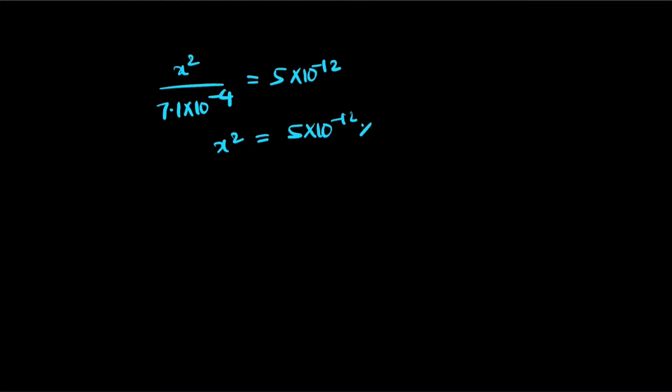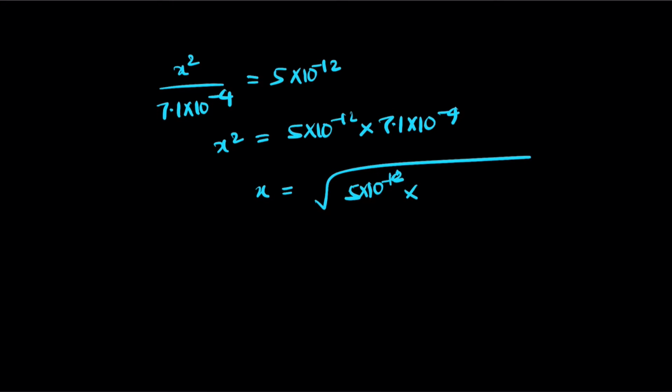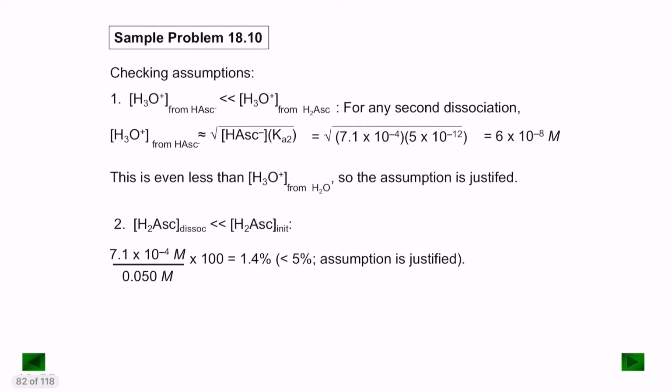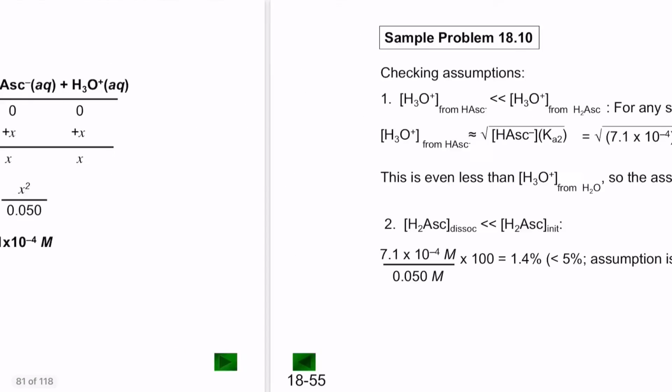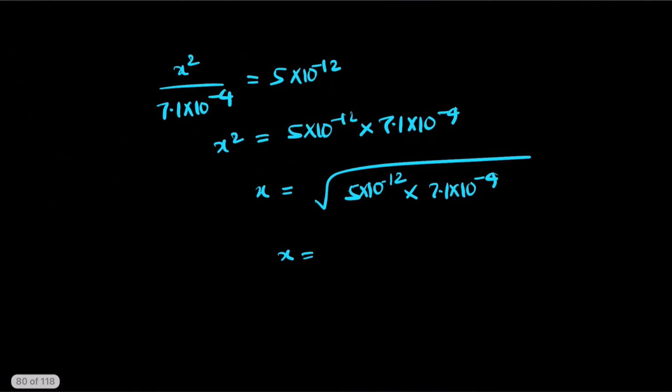X squared becomes 5 times 10 to the power negative 12 times 7.1 times 10 to the power negative 4. So x becomes the square root of 5 times 10 to the power negative 12 times 7.1 times 10 to the power negative 4. That x value here is going to be really negligible.